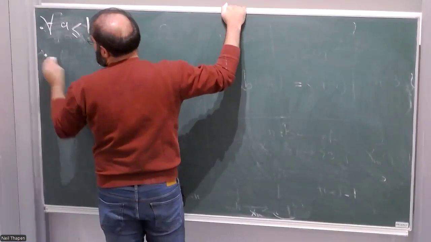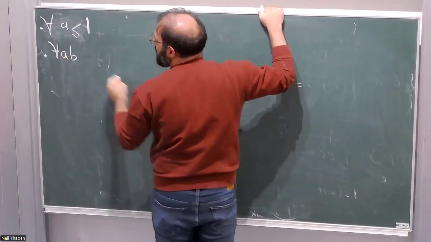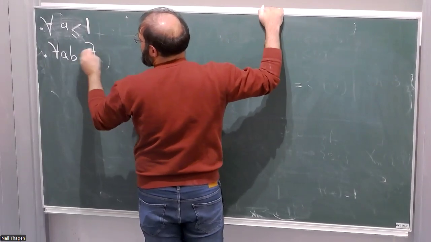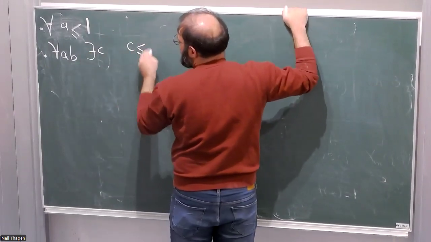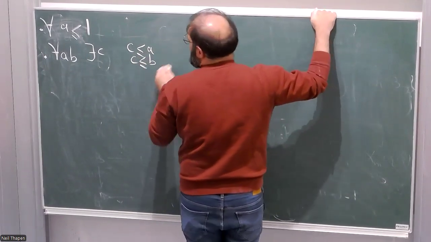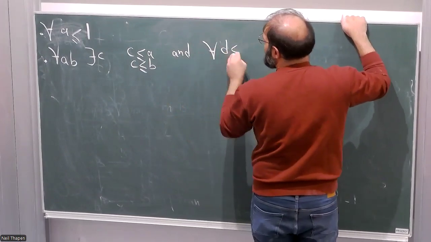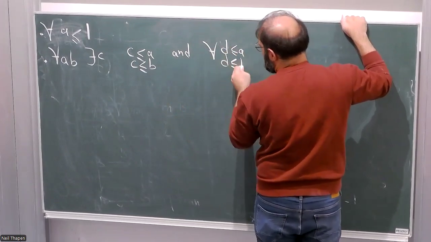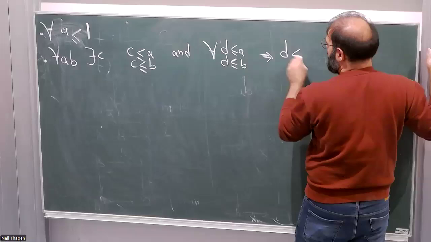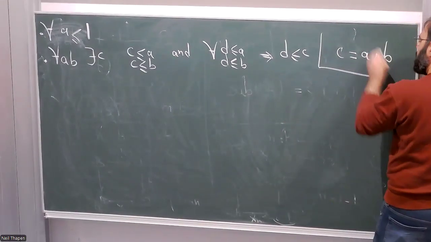Second, for any A and B, a product exists, meaning that there exists C such that C is less than A, C is less than B, and it is the best, meaning that for any D less than A and less than B, D is less than C. This C is written like this: the meet.